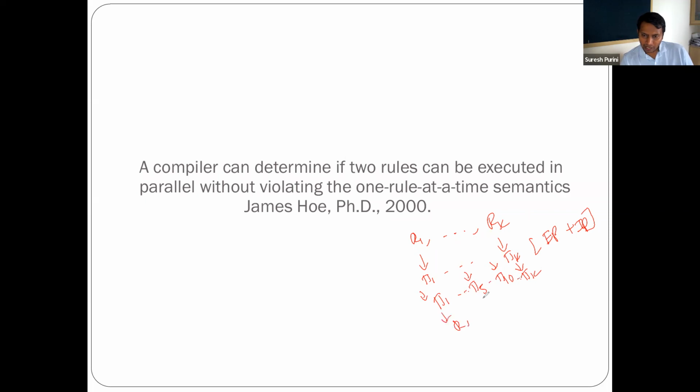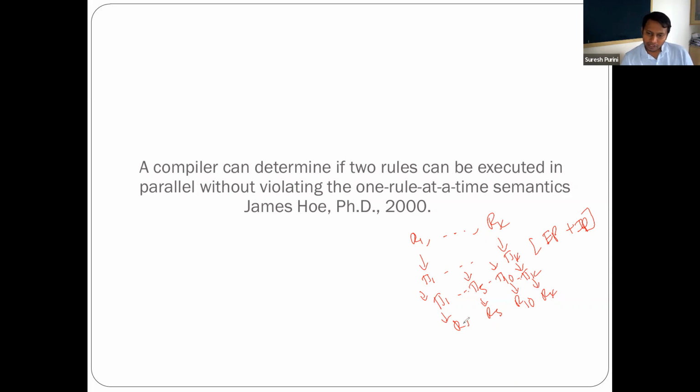That means R1, R5, R10, Rk, all these four rules are ready to execute. When they are ready to execute, if they don't conflict with each other, all of them can execute in the same clock cycle.